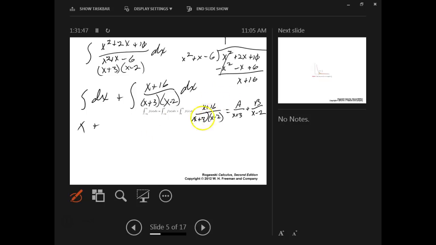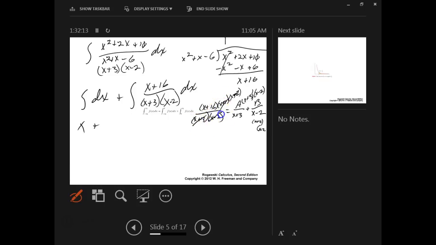Okay, multiply everything on both sides by that denominator. So that'll be x plus 3 times x minus 2. This will be times x plus 3 times x minus 2. And this will be times x plus 3 times x minus 2. All right. I'm going to jump down here.